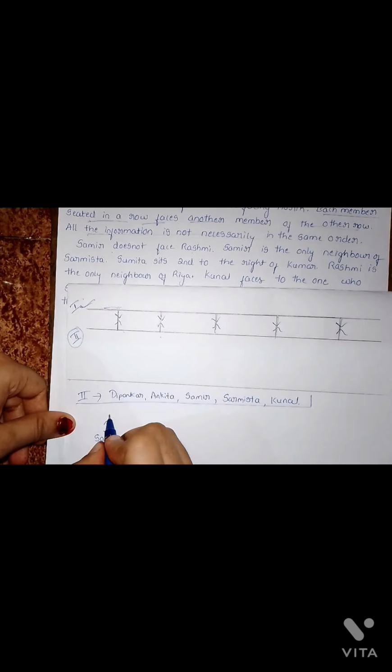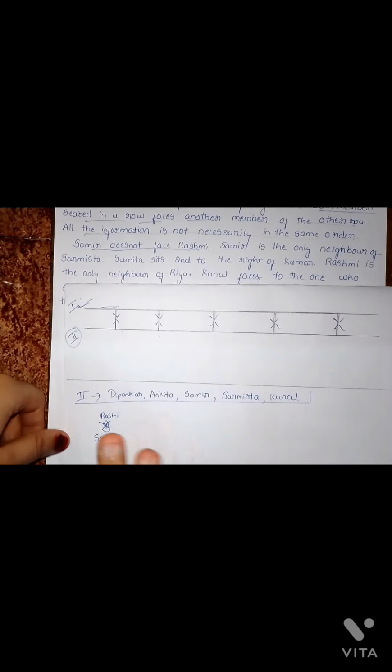Samir does not face Rashmi means Samir is seated here, in the second row, and Samir facing means this. Here they are telling Samir does not face Rashmi, that means not facing. You have to represent it like this.